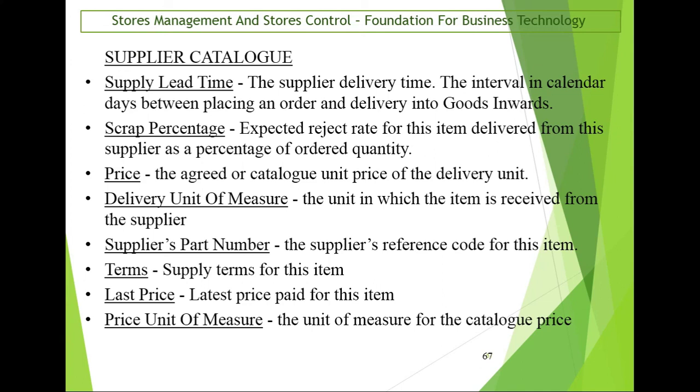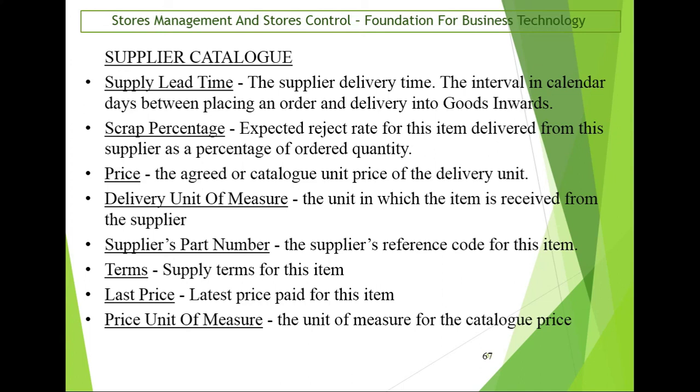So what is their part number, so that when we order that item, we quote their part number and there is no confusion as to which item we are trying to buy. We also need to specify the supply terms for this particular item. Is it a cash on delivery item? Is it on a 30-day, 60-day account, and so forth?